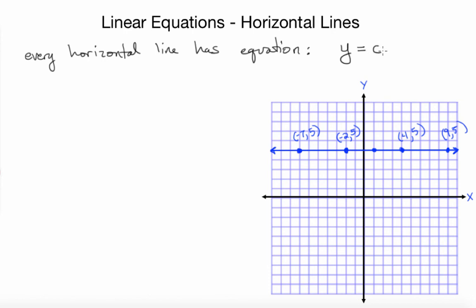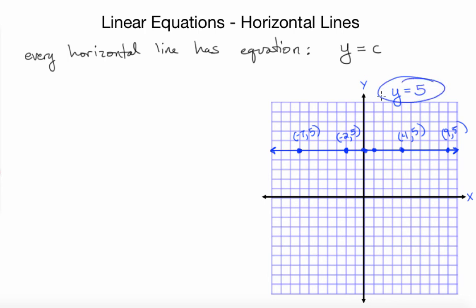We're going to put c for constant. It's just y equals a number because we want to represent all the points that have a y value of this number. In our particular equation right here, our y values are always 5. It crosses the y-axis at 5. So the equation for that line is y equals 5.